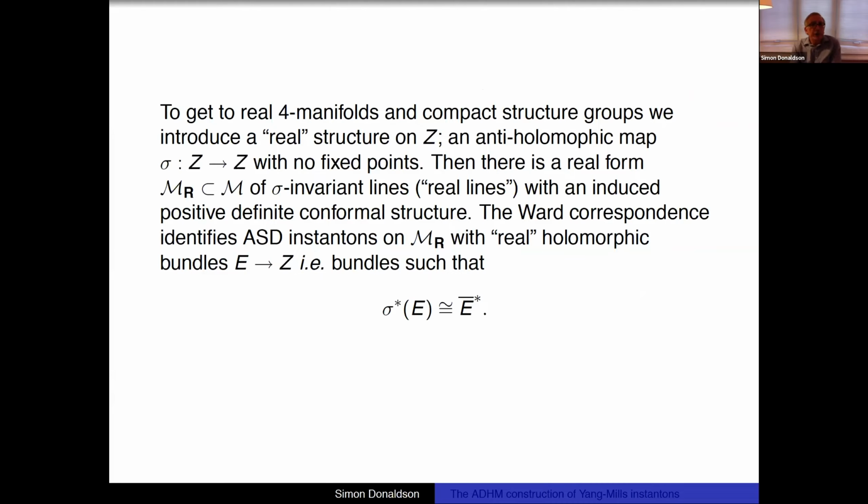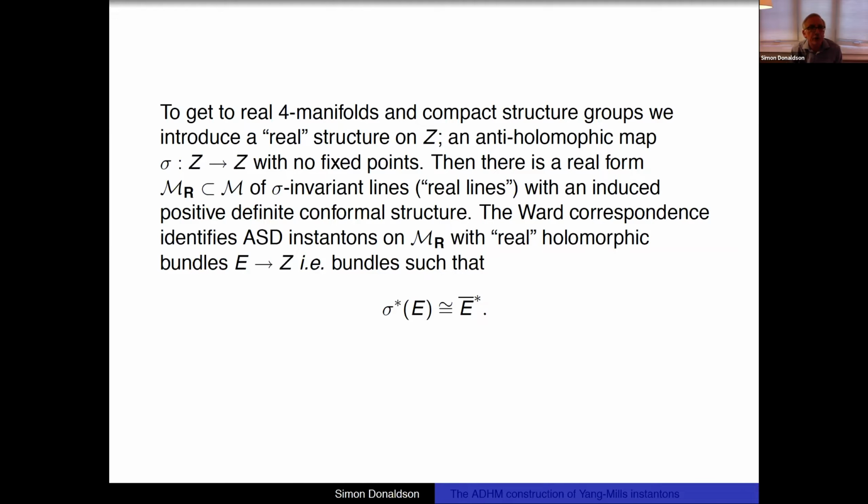But for our problem, we want to get to real four manifolds and compact structure groups. And that can be encoded in this Twistor theory by introducing what's called a real structure on Z. In fact, there are different ways of doing that, which would correspond to different signatures of the quadratic form on the real four manifold.